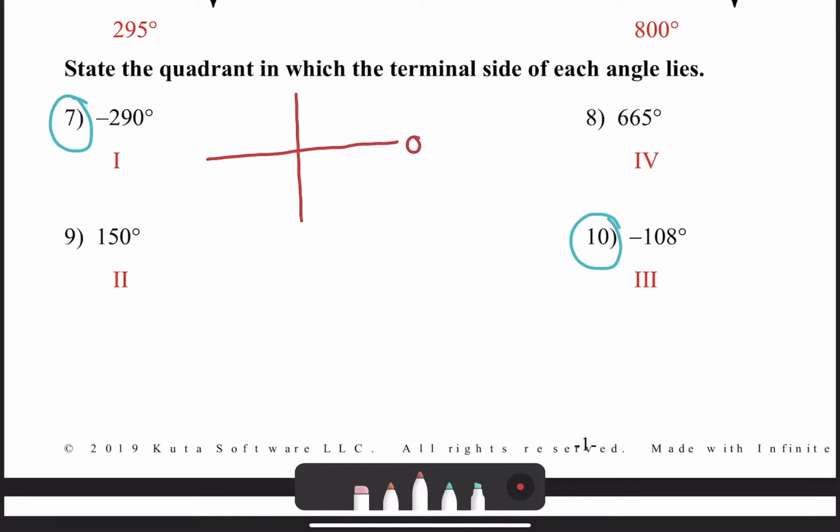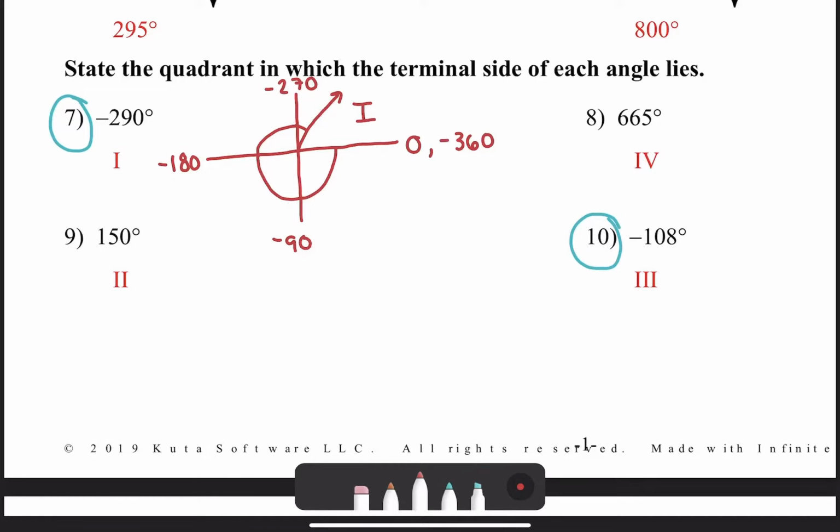If I go this way a little bit, I'm at negative 90. If I go another 90 degrees, I'm at negative 180. If I go another 90 degrees, I'm at negative 270. And then I know if I go all the way around, that's negative 360. But I only need to go 20 more than that, so I'm just kind of going to go right here. And there's my angle, which means I'm in quadrant 1.